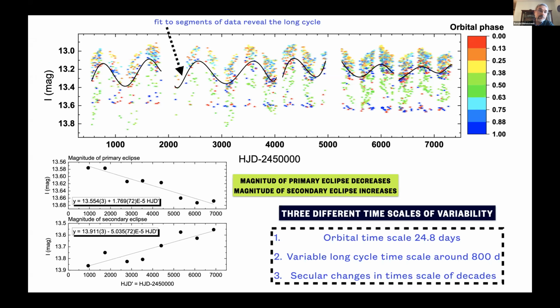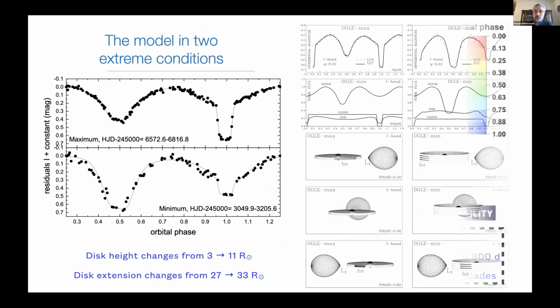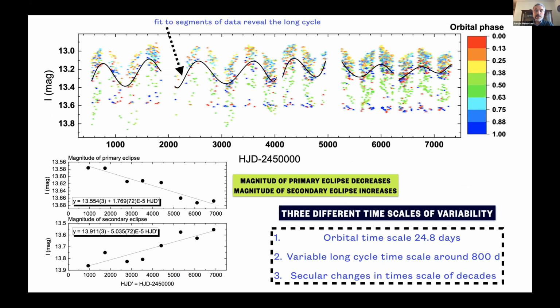On the contrary, the secondary eclipse, characterized here by the color green, seems to be increasing in brightness. And these tendencies are reproduced by these fits in this diagram. The magnitude of the primary eclipse decreases and the magnitude of the secondary increases.